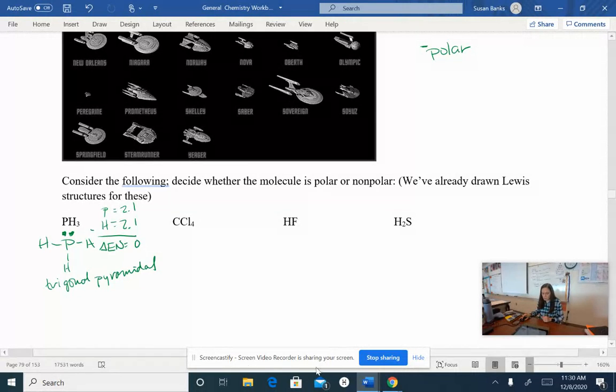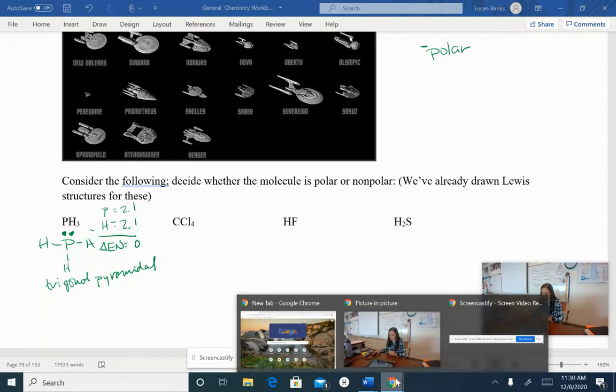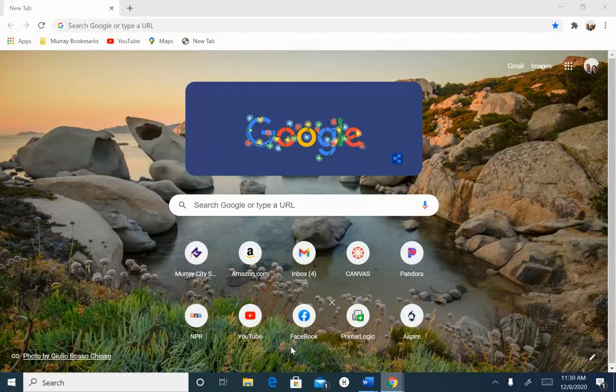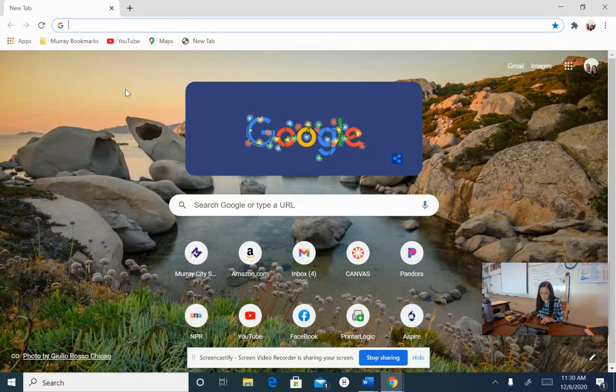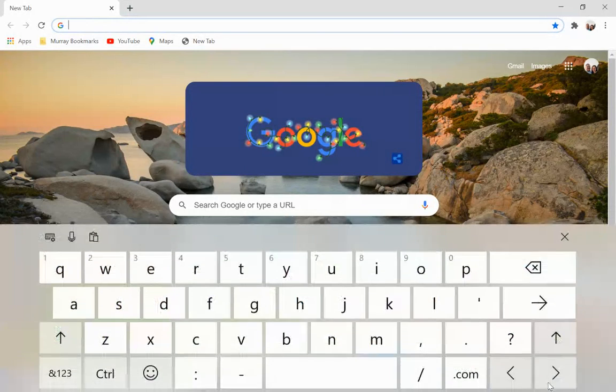So I'm going to show you a PhET simulation that's going to be really, really important for you to look at. Let's see if I can get the keyboard up here.